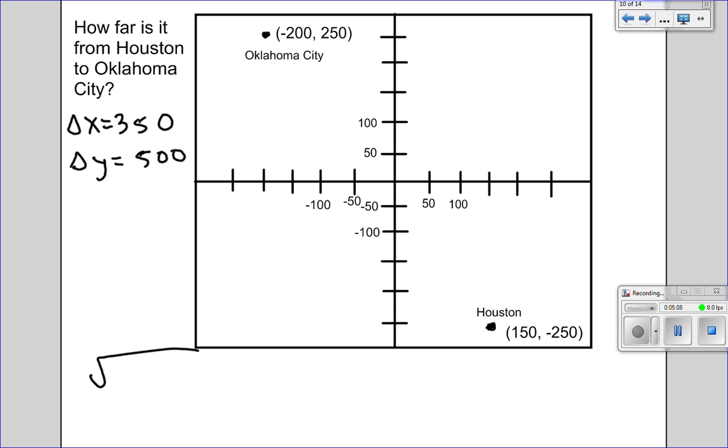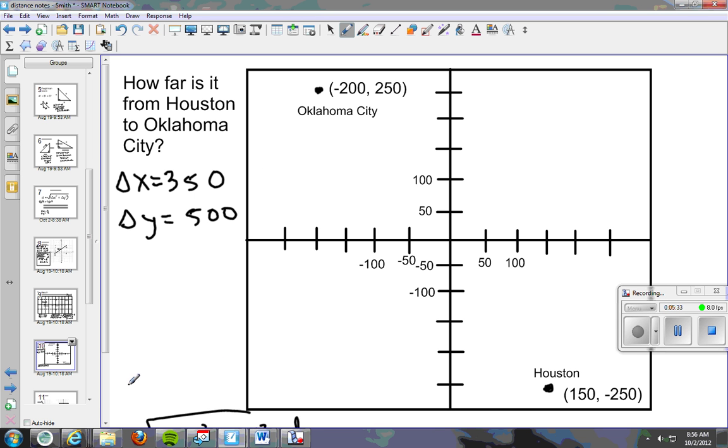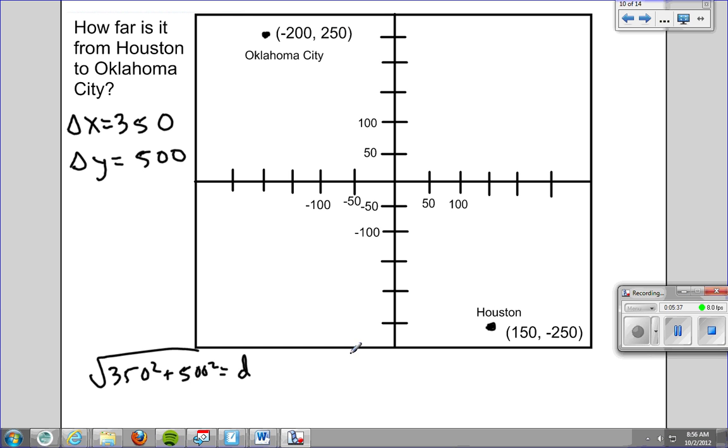So once again, you plug those in. 350 squared plus 500 squared equals d. Plug that in your calculator. That gives you a really big number. Okay, sorry about that.